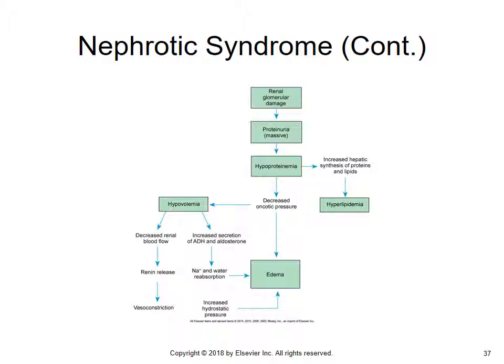So here's a cascade of what happens with glomerular damage. There's glomerular damage. There's massive protein loss through the glomerulus into the urine. There's decreased protein levels circulating in the blood, which causes the liver to increase its synthesis of proteins in the form of lipids.